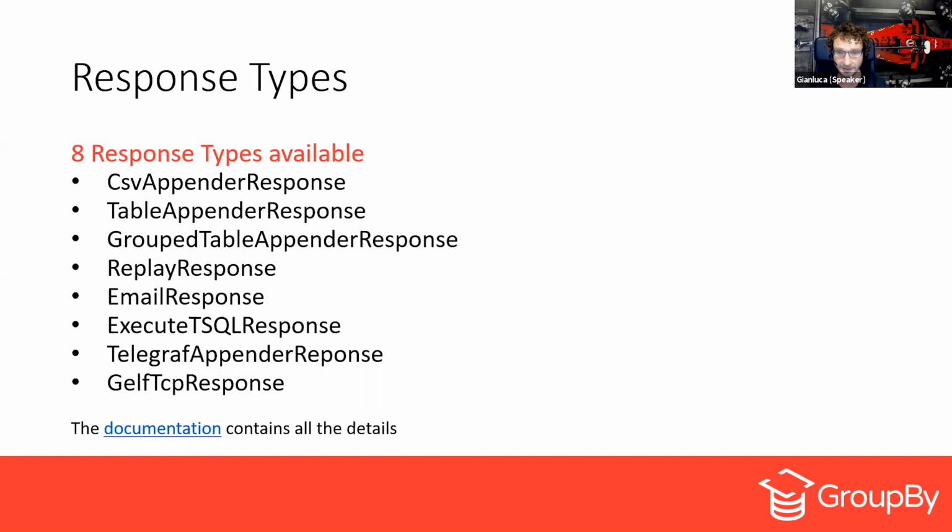And what else? We have a table appender response. This one is capable of writing the data that you received from the events directly in a database table. And I really wish this one was available out of the box. This is the main reason why I created XESmartTarget. And also we have a grouped table appender response.